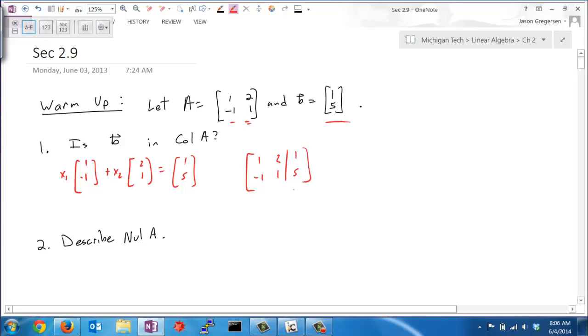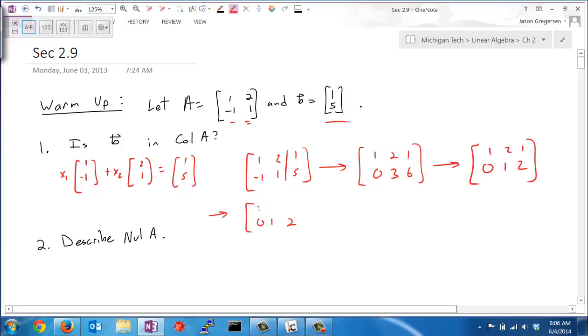We'll take that thing, we'll do a little row reduction. I'll zip through it pretty quickly here. That's what I get.